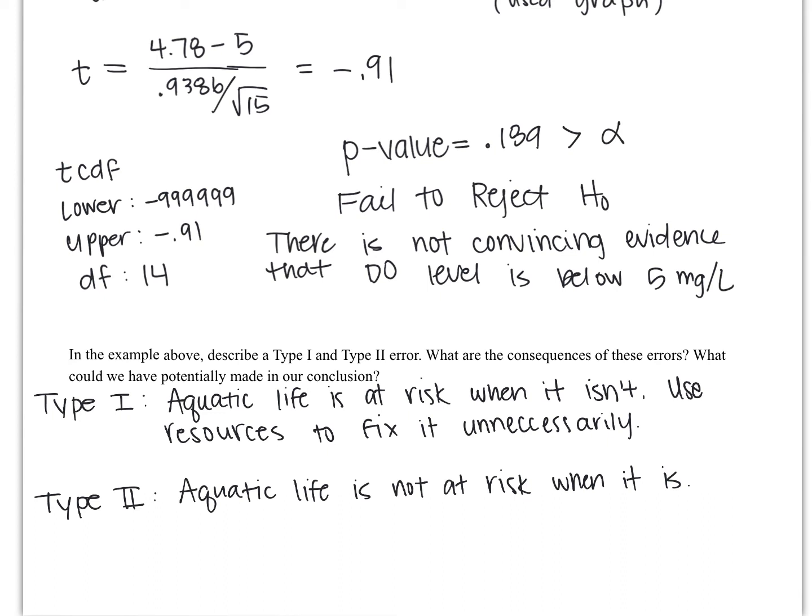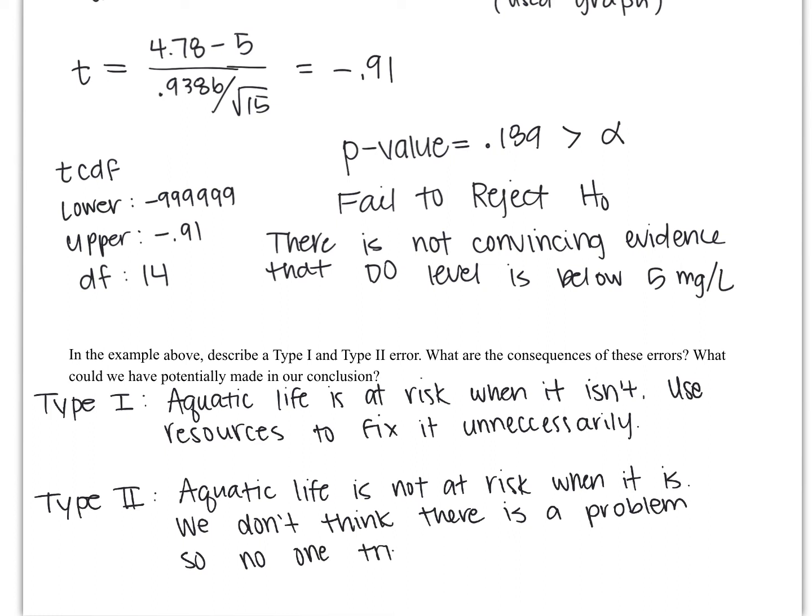So we don't think there's a problem, so no one tries to save the aquatic life. And in this case, a type 2 error is the worst one to make, because then aquatic life is at risk and we do nothing to save it.